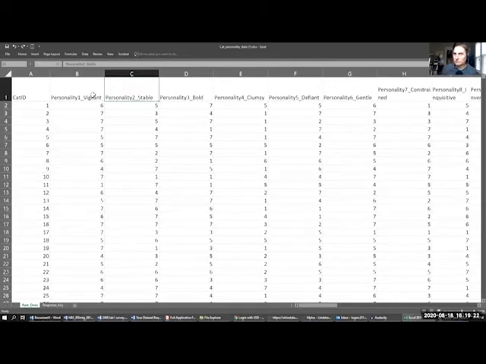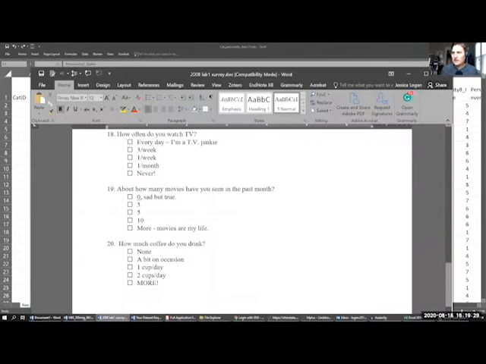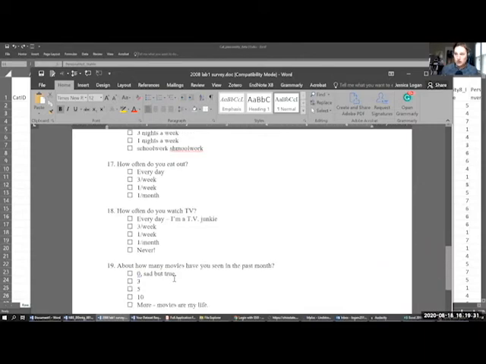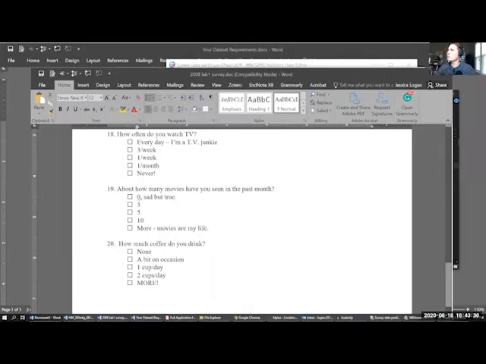Let me try a better example. If I have something like here, I've got watching TV and I've got how many movies you've seen in the past month. Now, individually, those might be interesting, but it also might be more interesting to add them.